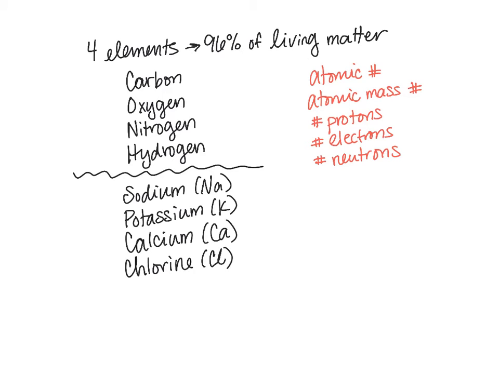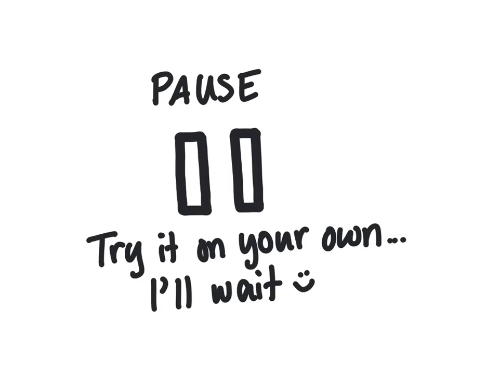So as I mentioned, I recommend that you pause the video and test your knowledge with these additional elements. After you have tried to figure them out on your own, you can press resume, and I will go through them so that you can test your knowledge.